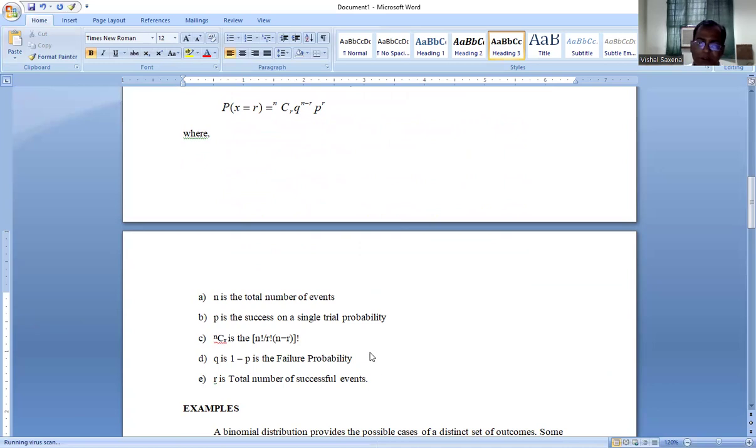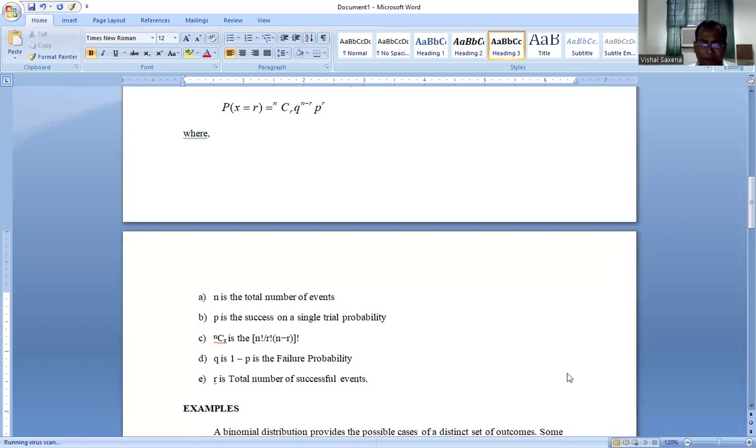nCr is the combination value of r possible outcomes from n. It is the symbol of combination from n objects or possible events for r events. It is given by the mathematical formula n factorial divided by r factorial times (n minus r) factorial.